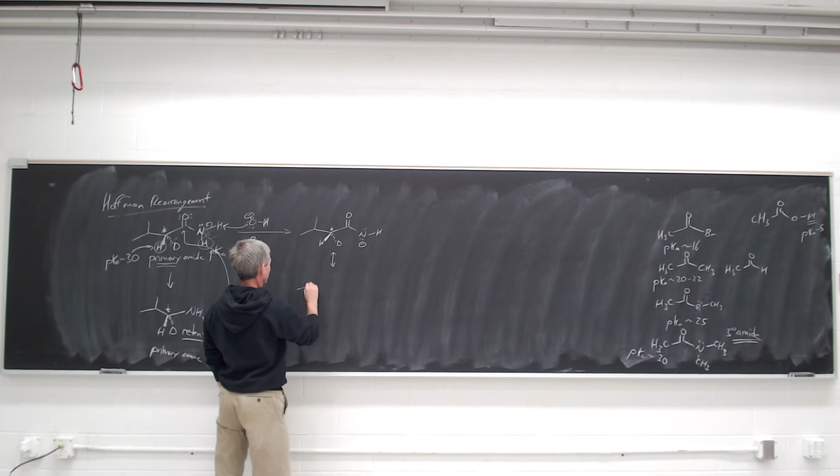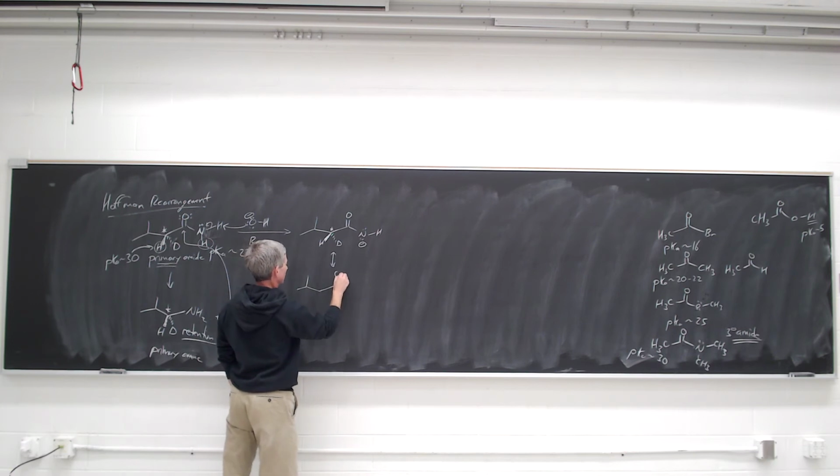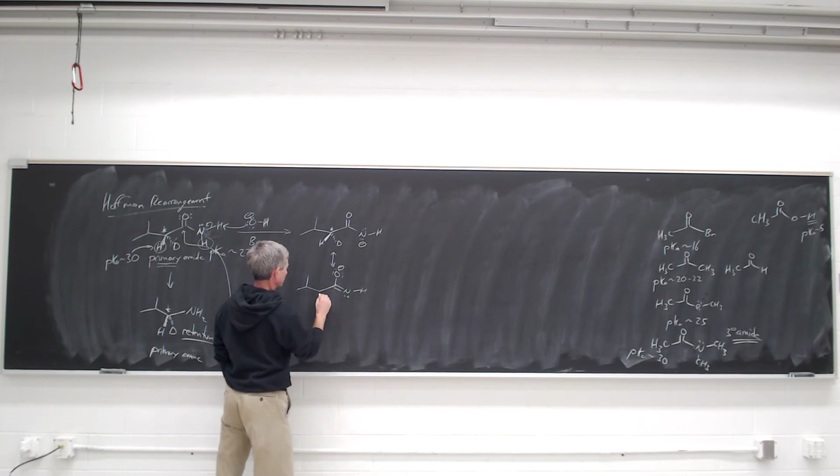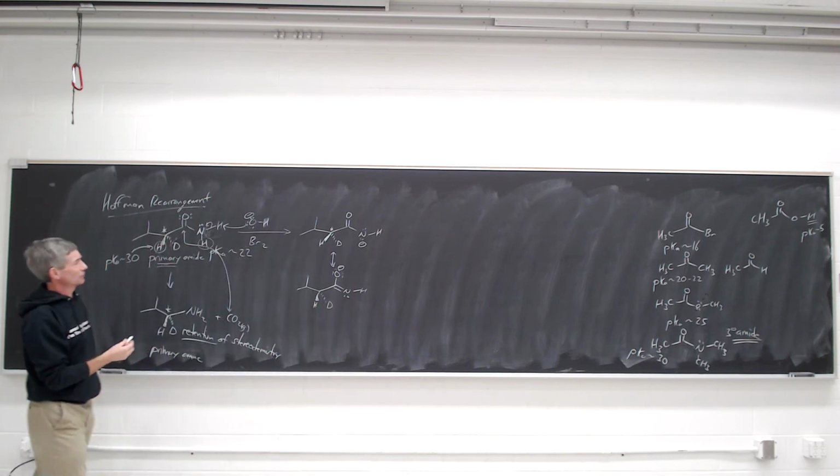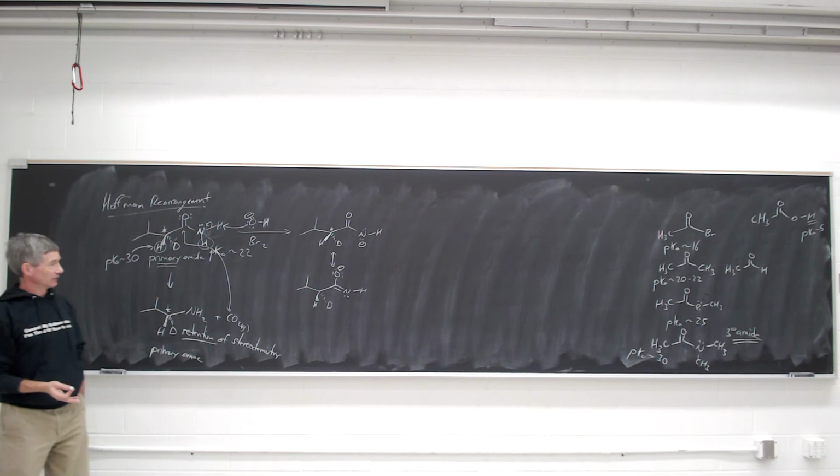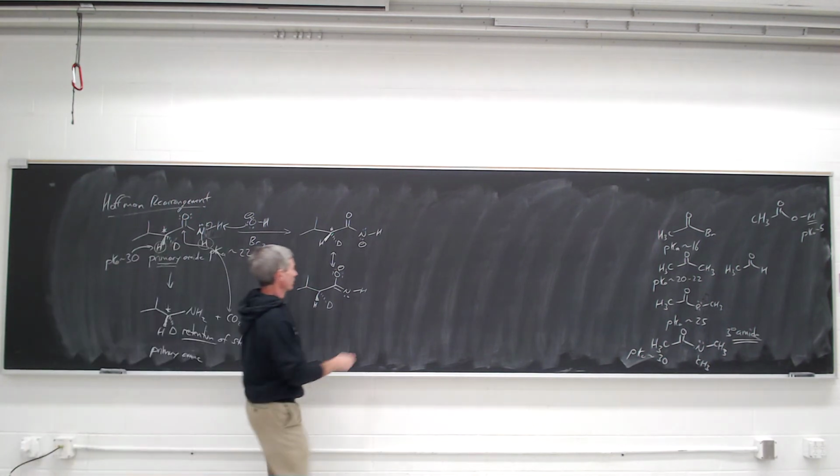The more important resonance structure is, in fact, the one with the negative charge on the more electronegative oxygen. But as is usually true in organic chemistry, the less significant resonance contributor is the one that explains the reactivity.